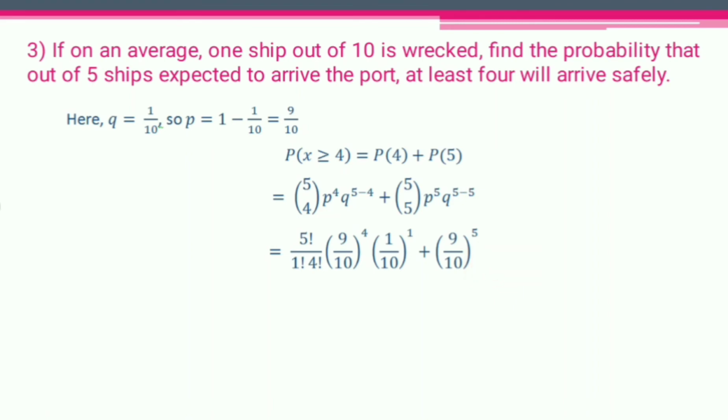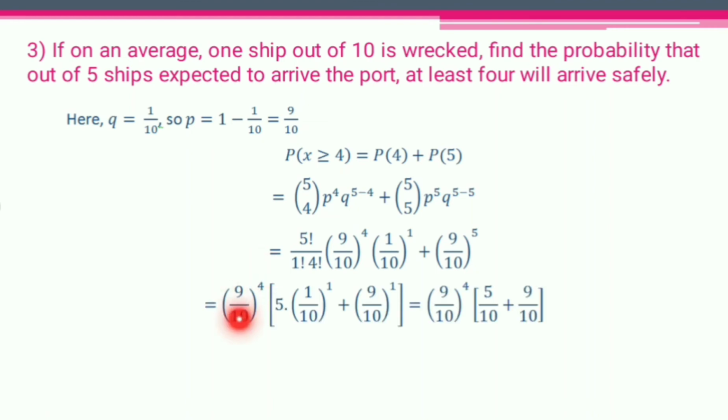Now 5 factorial can be written as 5 into 4 factorial. 4 factorial will be cancelled, and we'll be left with only 5 here. From these two terms we can take out common (9 upon 10) raised to power 4. Inside we'll have 5 into 1 upon 10 plus 9 upon 10.